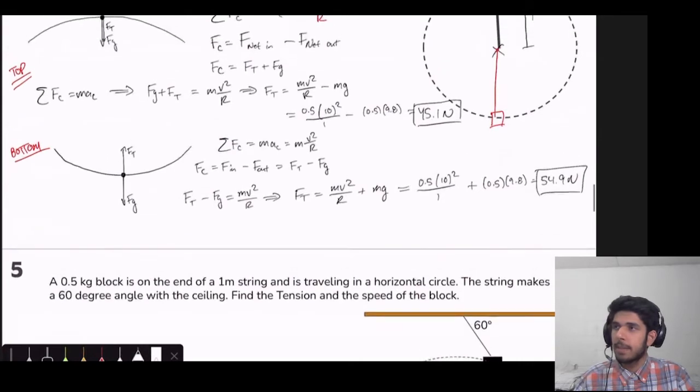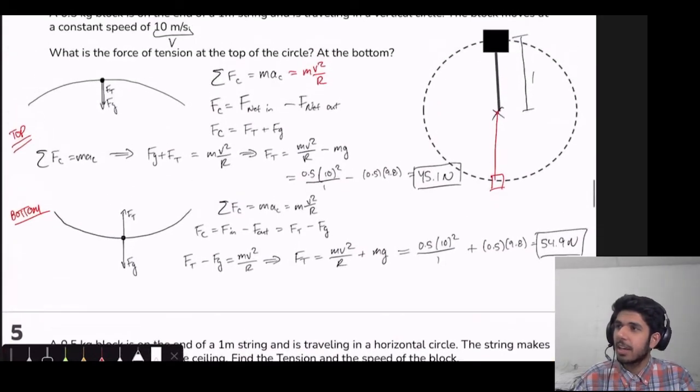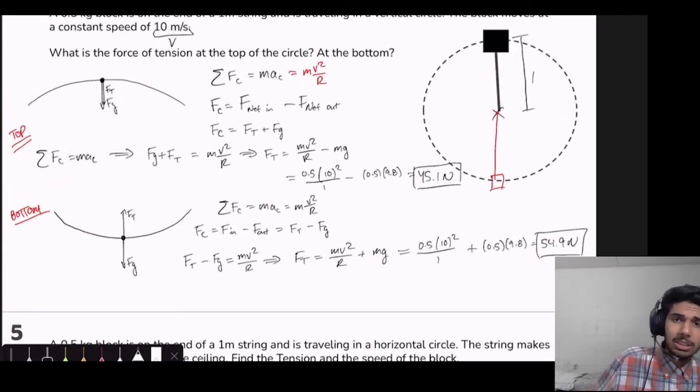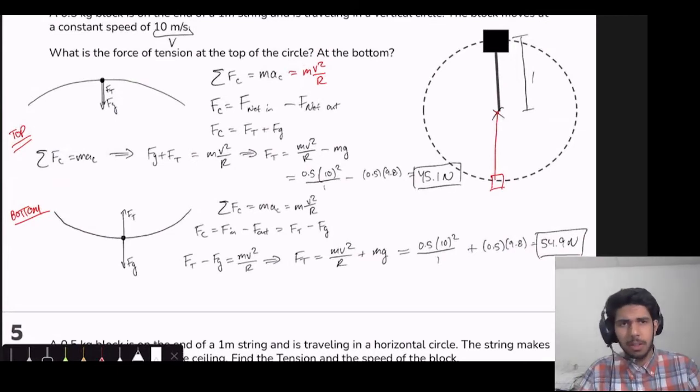Right? So we can see that at the top of the path and at the bottom, there is a substantial difference in the force of tension. So what does this tell us? It tells us that the force of tension is not constant, which is good, I think.